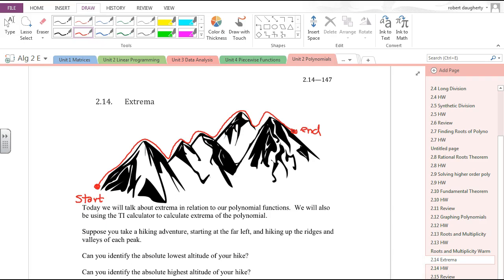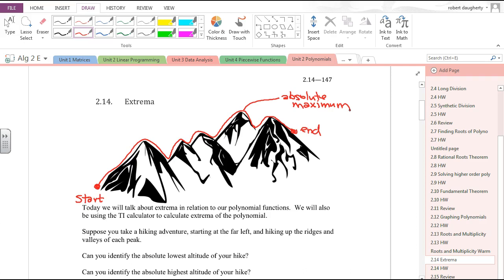Let me make it a little bit clearer. You can see it's right here. That is the highest point. Mathematically, we would say this is the absolute maximum. So in all of my trip, that was as high as I went.